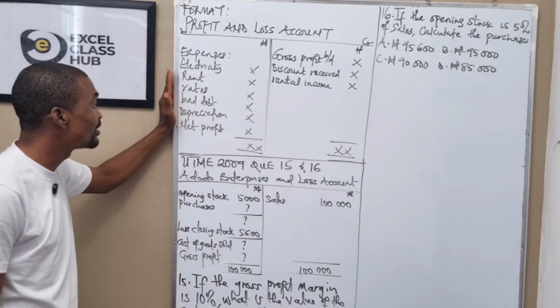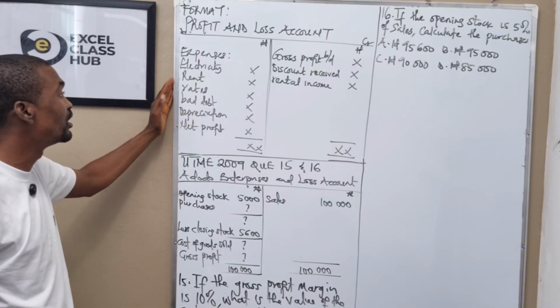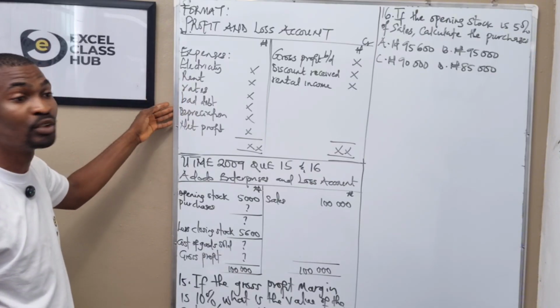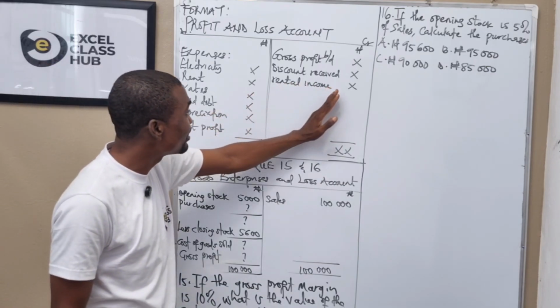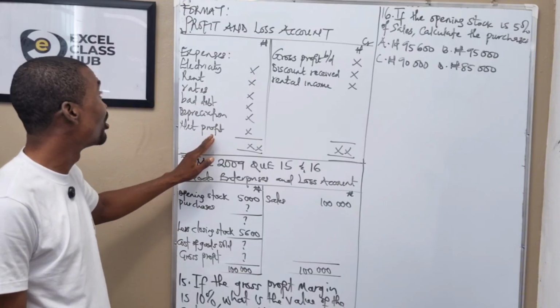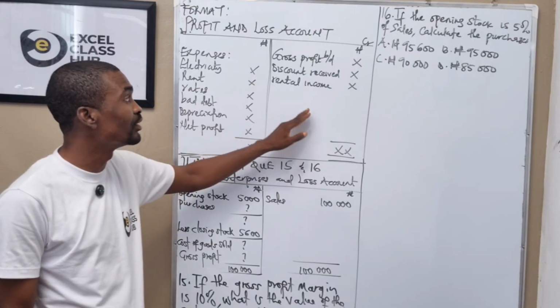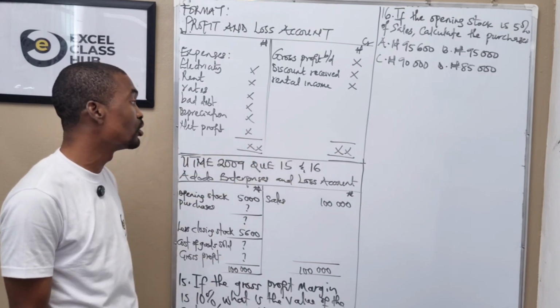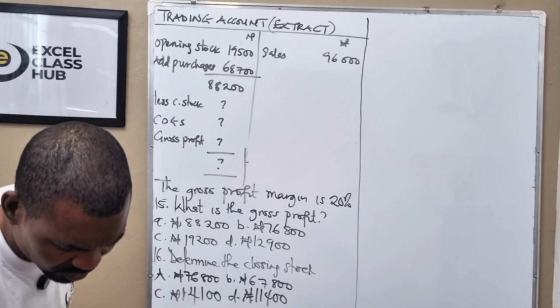Then on the debit side are your expenses: electricity, rent, rates, bad debt, depreciation of fixed assets. If the credit side is greater than the debit side, then you have net profit. But if the expenses side is more than the income side, you have your net loss.